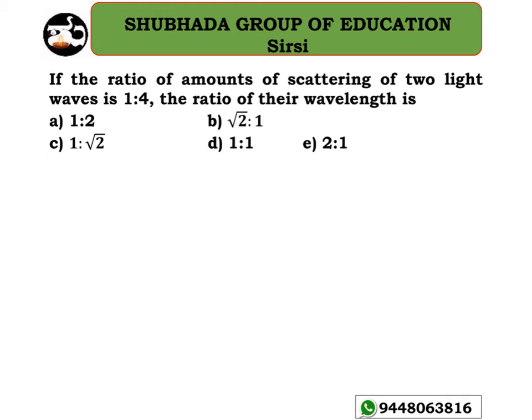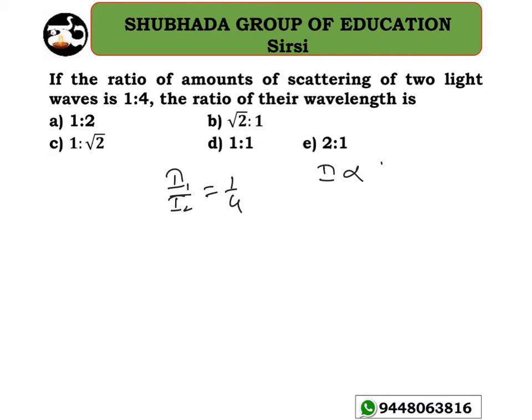If the ratio of the amounts of scattering of two light waves is 1:4, the ratio of their wavelengths is? I1 divided by I2 is given as 1/4.